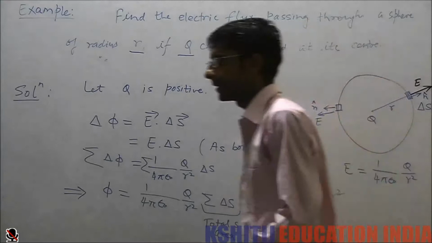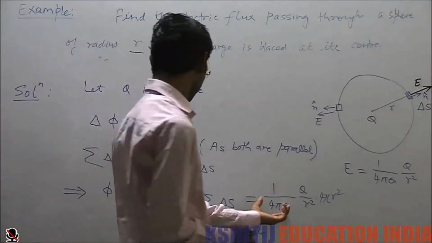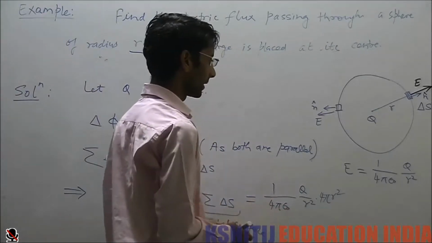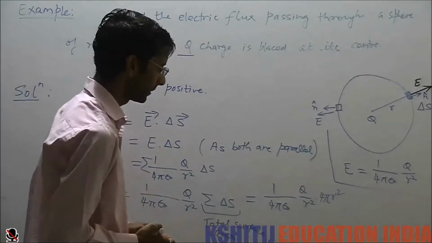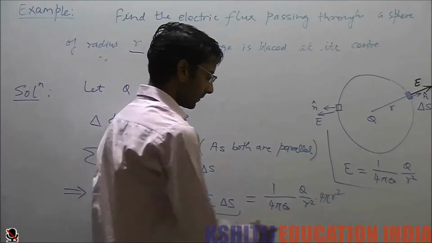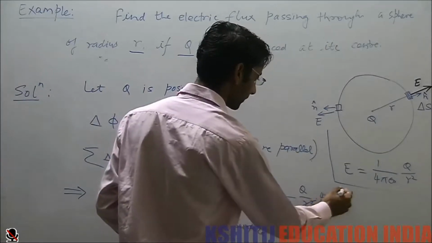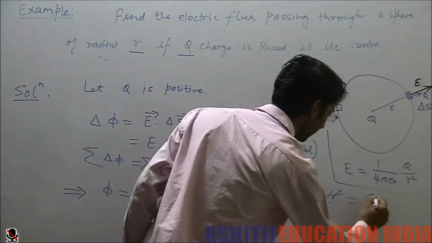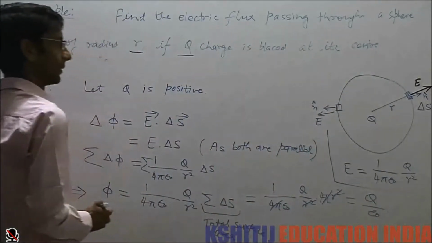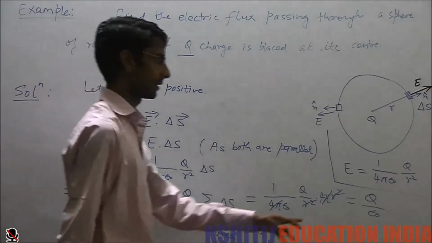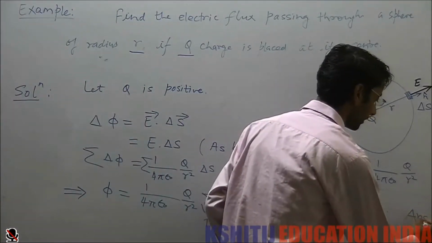Here, the 4 pi and 4 pi can be cancelled. Similarly, r square can be cancelled, and ultimately we will arrive at q upon epsilon naught. So q upon epsilon naught turns out to be our answer.